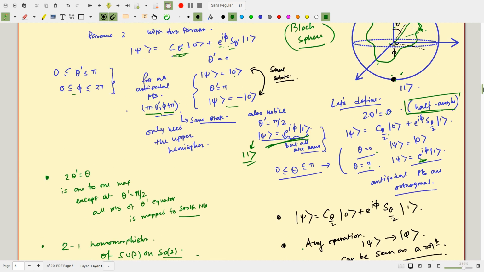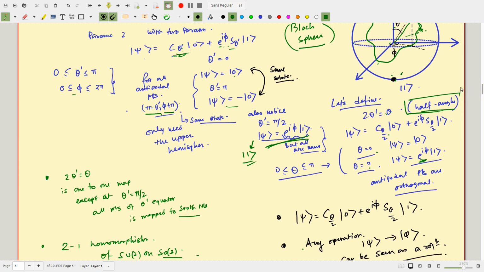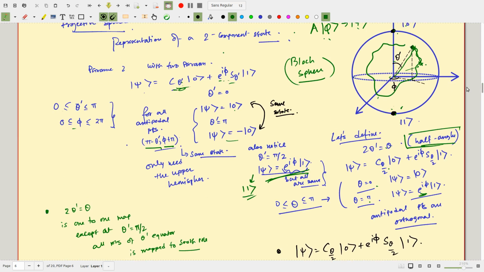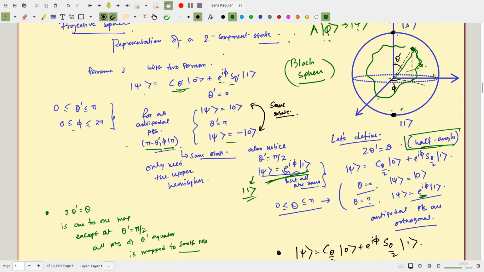We initially stated that the whole point of introducing this half angle business is to get that picture where a point on this sphere represents a state in a one-to-one correspondence. So, notice that statement is not entirely true, because at the point when theta is pi by 2, then this entire equator represents it.